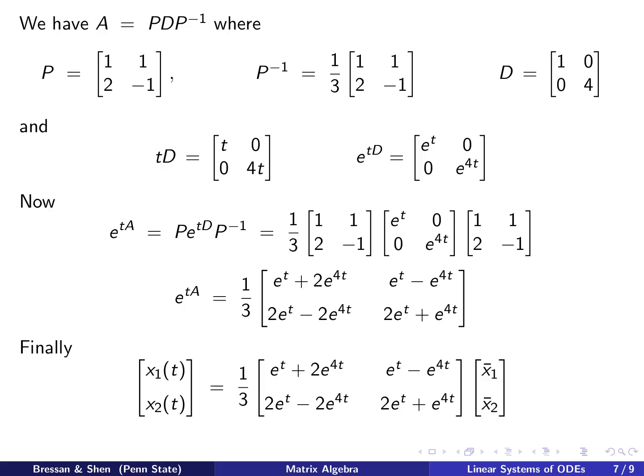So finally, we can put this back into the solution. So the solution for the population x1 and x2 as a function of time t will be this matrix here, which is e to the tA times the initial condition, that's x1 bar and x2 bar.